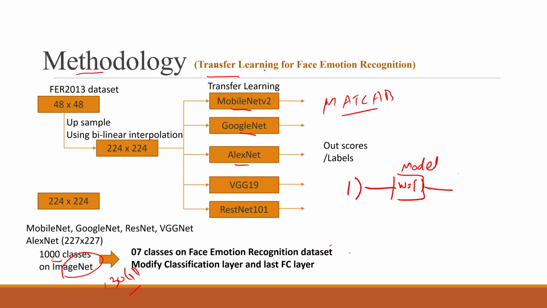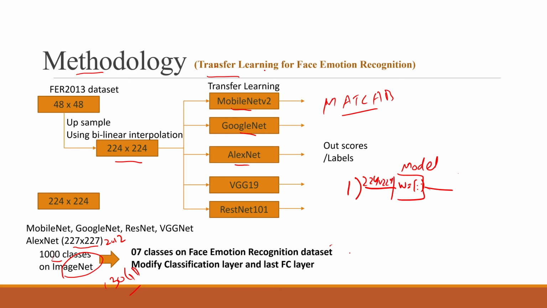Why? That is how it will adjust its weights. Previously all of them were trained on this. One of them is AlexNet, published in 2012, and it was trained on 227 by 227 2D images, right? However, all the rest of them are trained on 224 by 224. So one thing is, our image size must be 224 by 224.